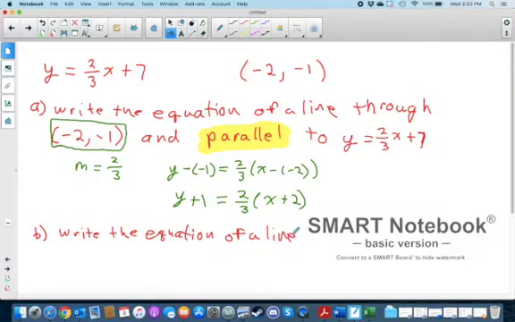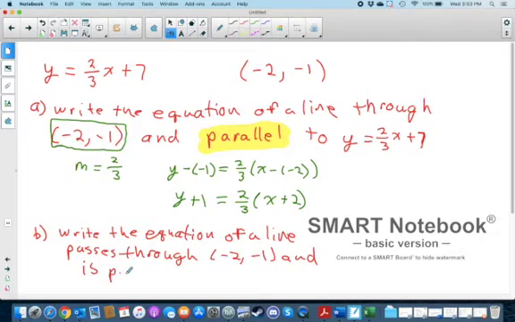We're going to write the equation of a line that passes through (-2, -1) and is perpendicular to y equals 2/3 x plus 7.